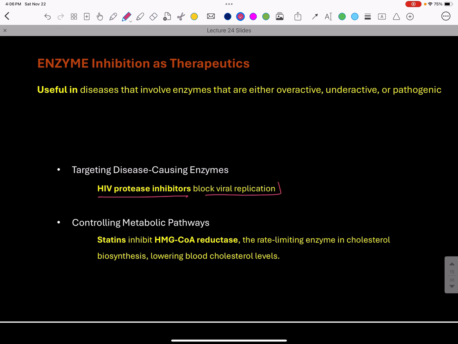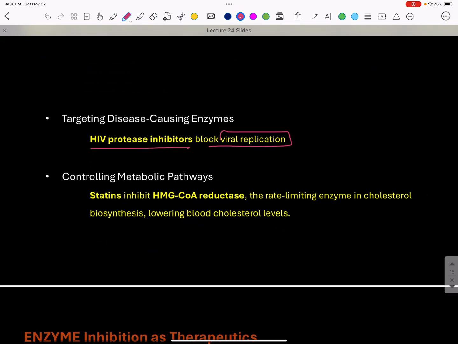We also have the HMG, the statins. You have heard of statins that are used for cardiovascular disorders, for controlling cholesterol. Basically, it's used for controlling the cholesterol biosynthesis in the body.